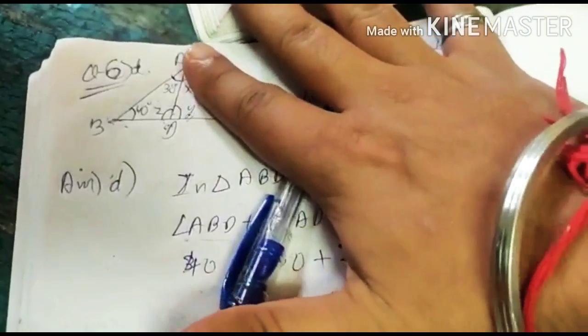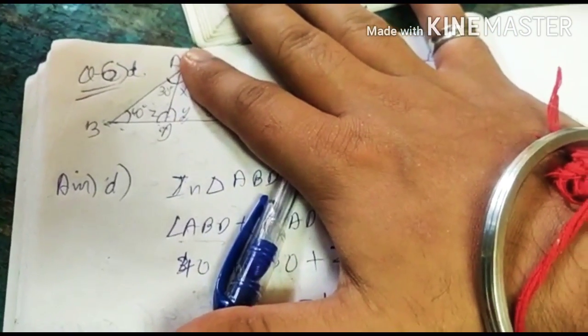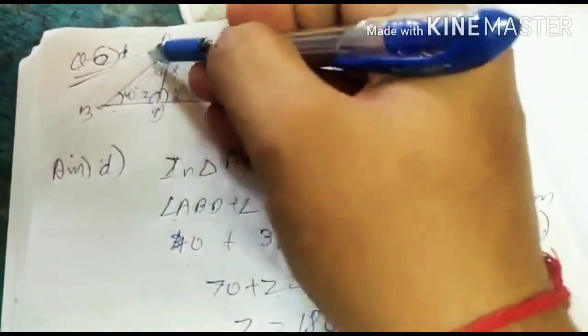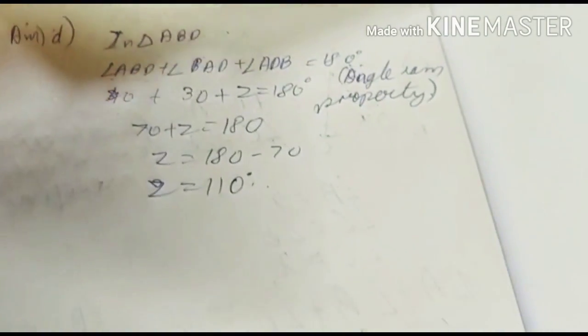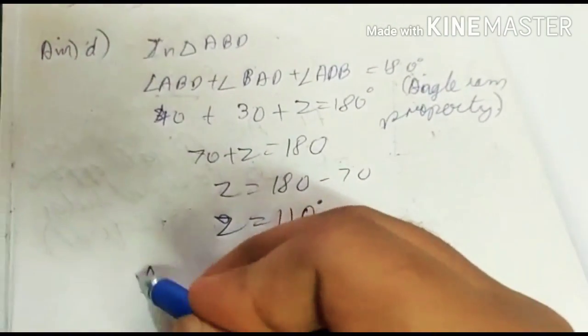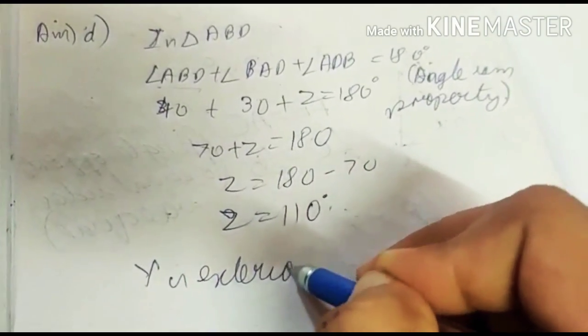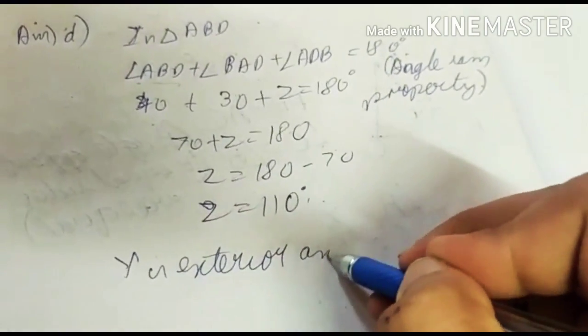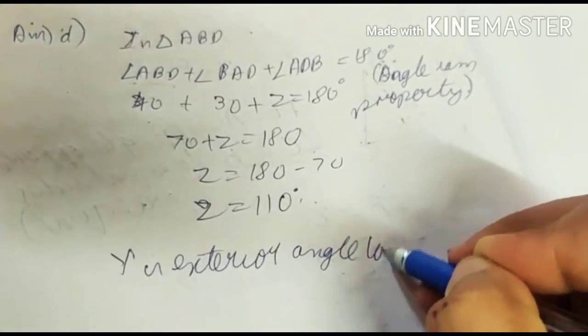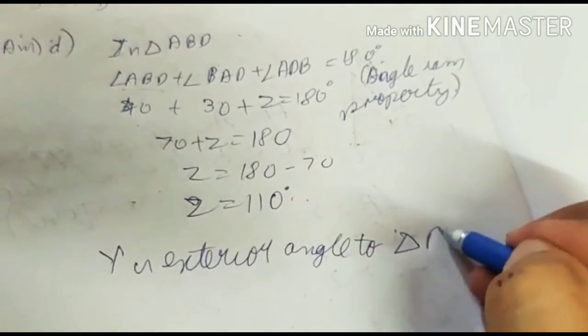Look here, z is 110 degrees, and if we see this y degree in this figure, y is an exterior angle to the triangle ADB.